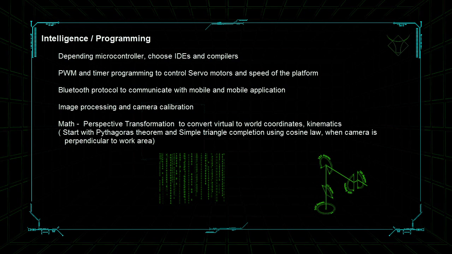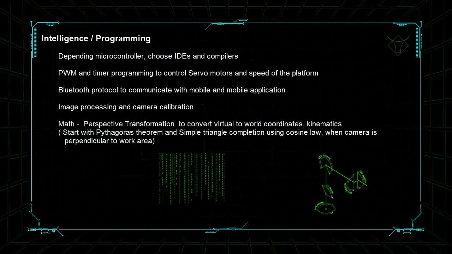And for image processing, we have mathematics involved, like perspective transformation to convert the virtual coordinate system to the world coordinate system, and kinematics for controlling the arm. The kinematics is implemented in the microcontroller itself, and perspective transformation is required for camera calibration and to determine the coordinates where the objects are.